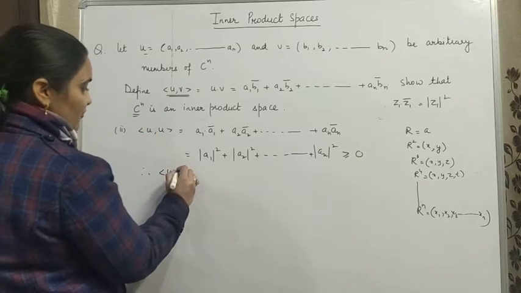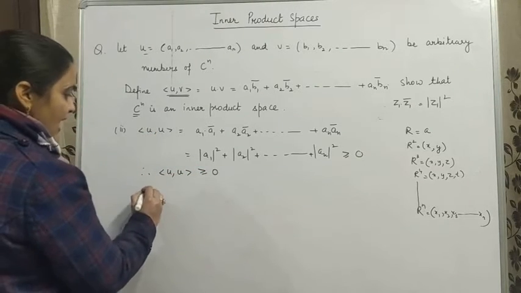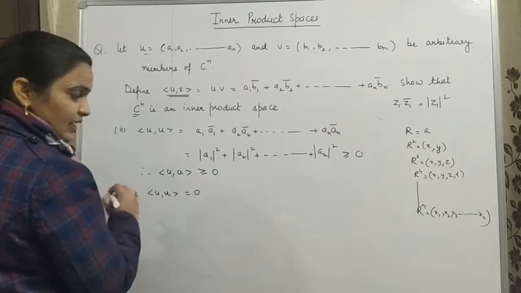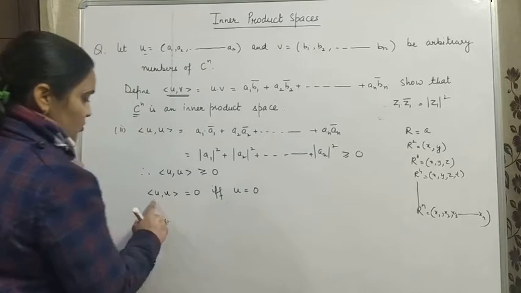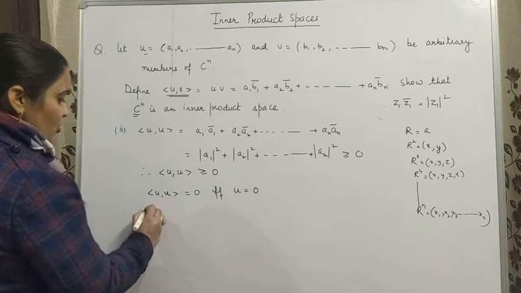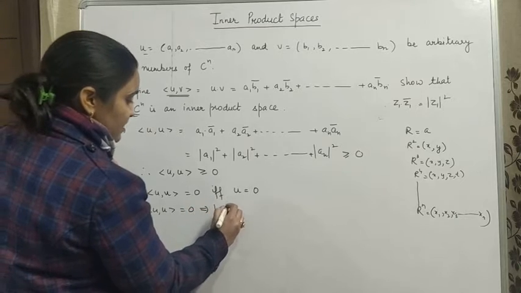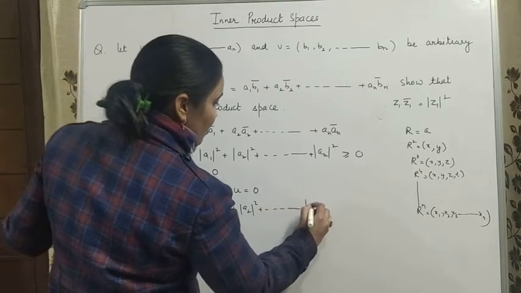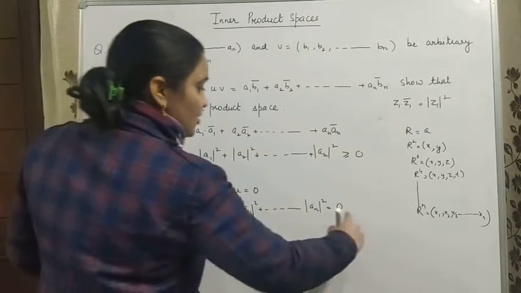Therefore inner product of u with u is always greater than or equal to 0 and norm of u with u is 0 if and only if. अब हमने क्या प्रूव करना है? u is 0. So let us take this as 0. So norm of u and u with 0 implies a1 square plus a2 square plus so on an square is 0. ठीक है, अब ये 0 कब होंगे?